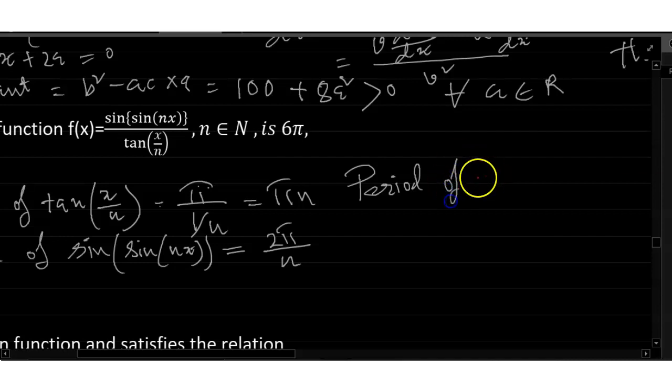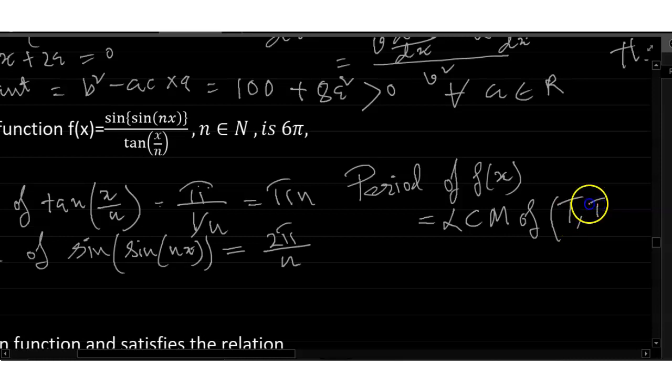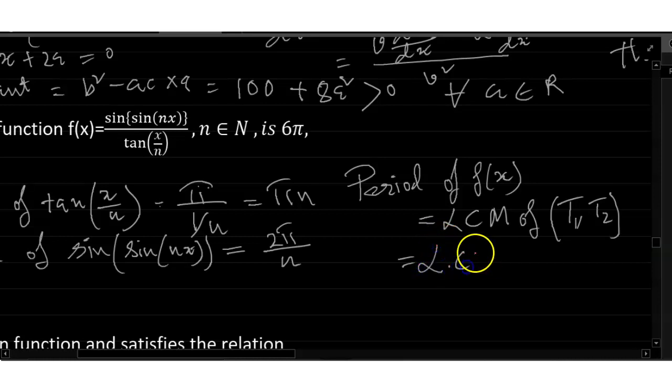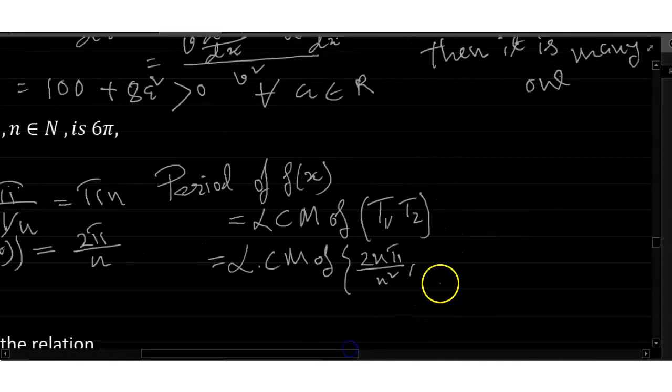f(x) is equal to LCM of Q1, is equal to LCM of 2nπ divided by n square, is equal to 2nπ divided by 2, equals LCM of this.